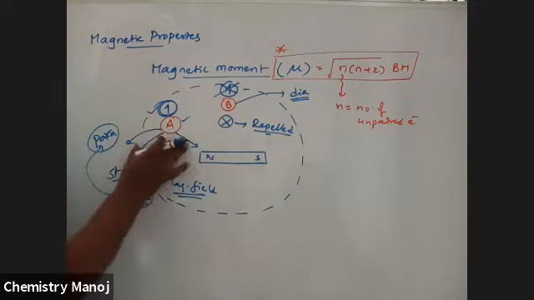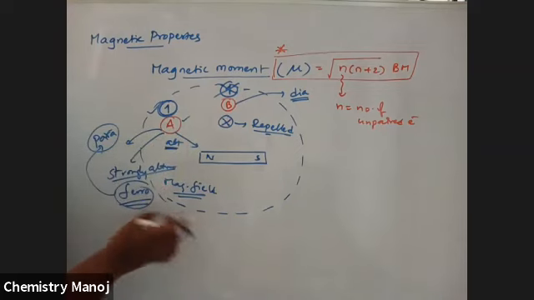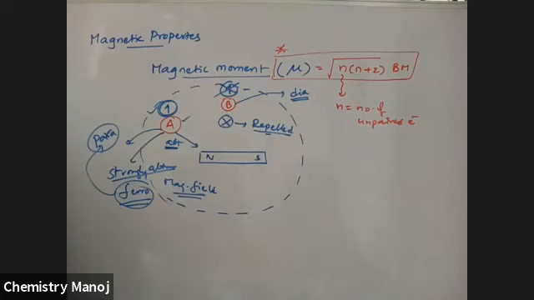Which is attracted is para, and if that attraction is more, that is ferro. So ferromagnetic, paramagnetic, diamagnetic. Which are strongly attracted by the magnet, ferromagnetic. Which are weakly attracted by the magnet, paramagnetic. Which are not attracted, that is repelled by the magnet, diamagnetic. So more unpaired electrons, ferro. Fewer unpaired electrons, para. No unpaired electrons, dia.